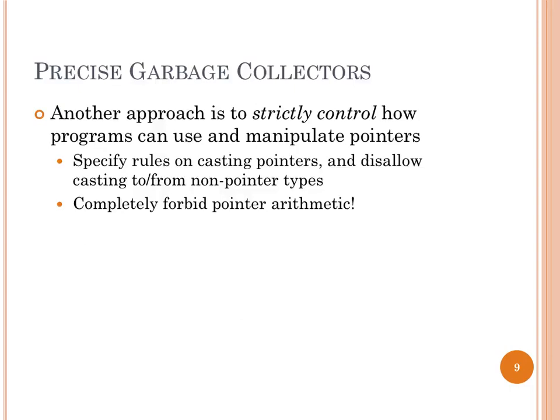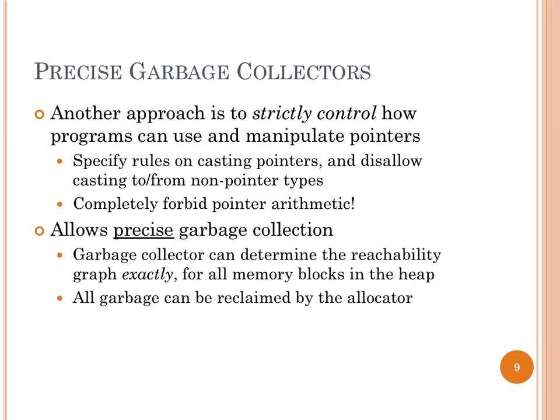So another thing that we can do is take away all of that power that most programmers don't really need. Pointer arithmetic and even being able to have things like pointers. Okay. So specify rules on casting pointers, disallow casting to and from non-pointer types. So if it's a pointer, the compiler will know or the interpreter will know this is definitely a pointer.